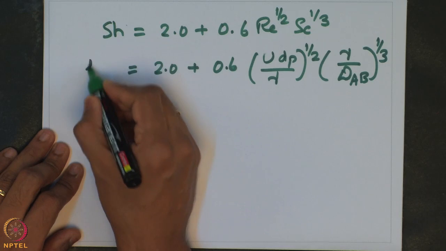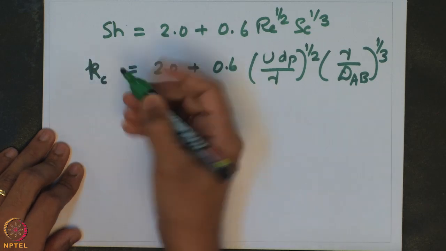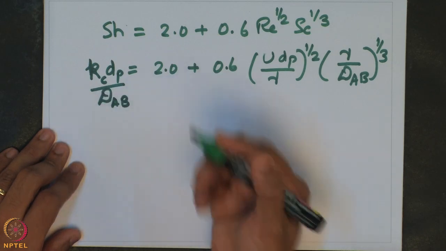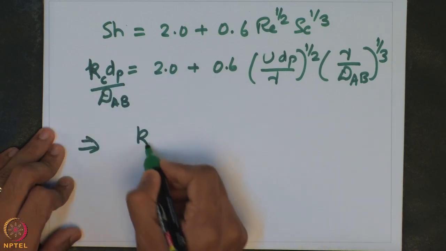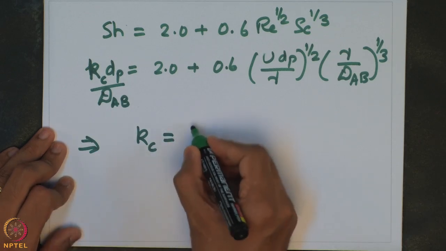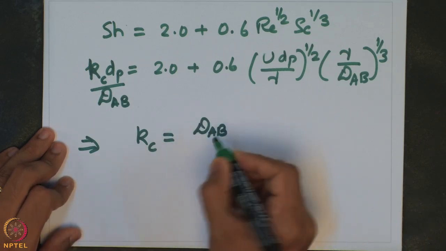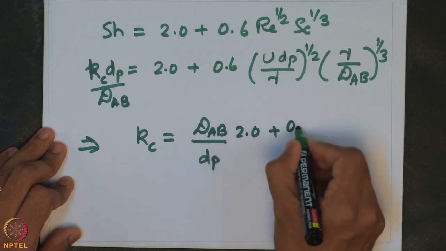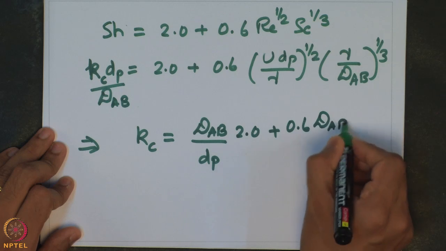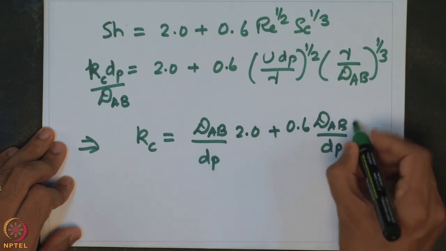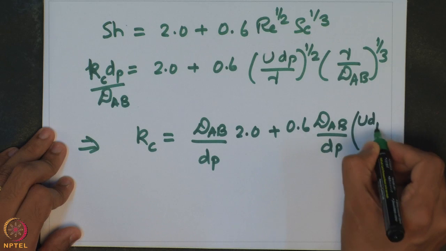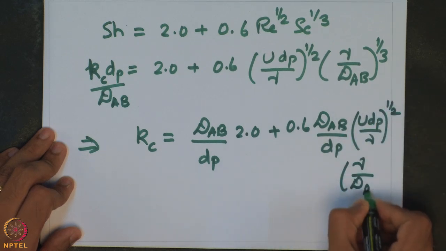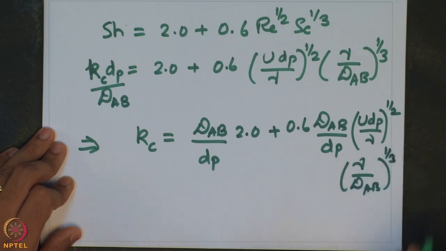And this is nothing but the mass transport coefficient Kc times the particle diameter divided by D_AB. So, from here we can write that Kc is equal to D_AB by d_P times 2 plus 0.6 times (u d_P by nu) to the power of half times (nu by D_AB) to the power of 1 by 3.